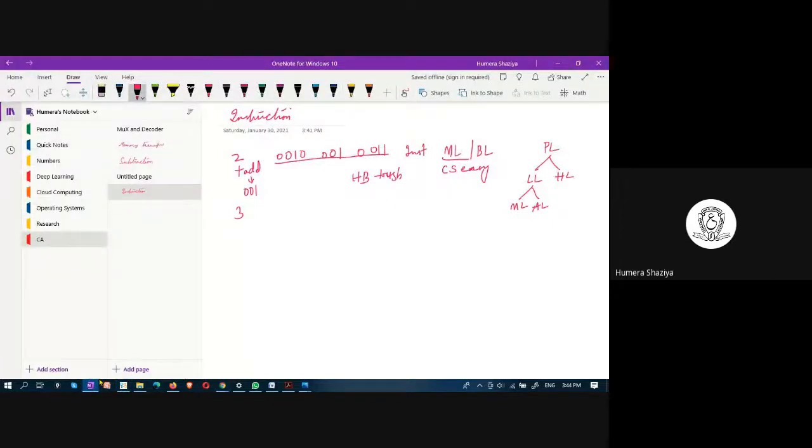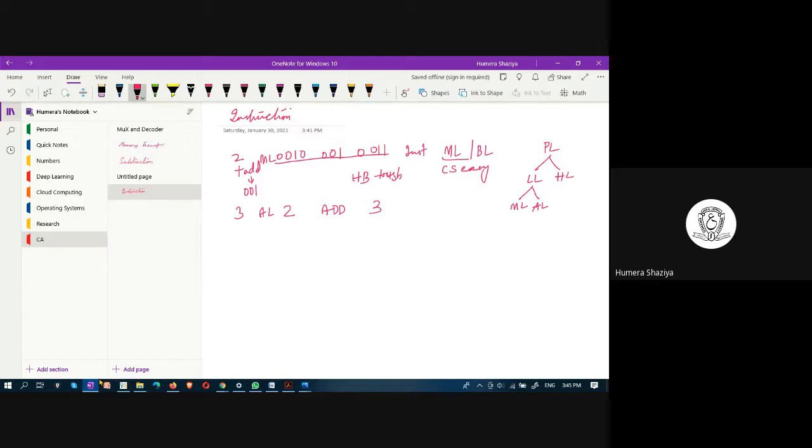So instead of writing the instruction in binary form, you are writing in symbols. 2 as it is, 2 is the symbol. And for 001 you write ADD. 3 you write as it is. 2 ADD 3. This is assembly language. This is machine language.